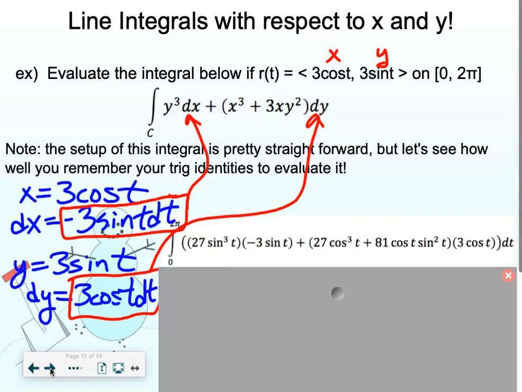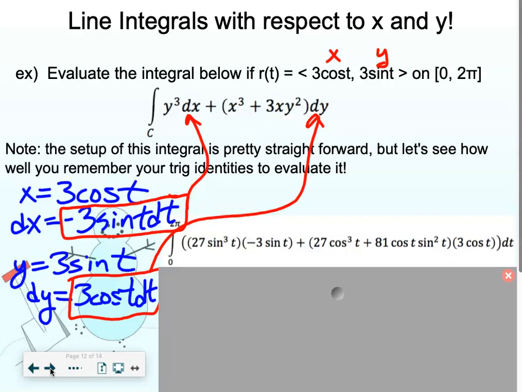Okay, so let me walk you through it a little bit better so it's not all messy. The first thing we know is our t's are going from 0 to 2 pi. So we have y cubed. Y is 3 sine t, so y cubed would be 27 sine cubed t, dx, so you write your x function and find your dx, with respect to t.